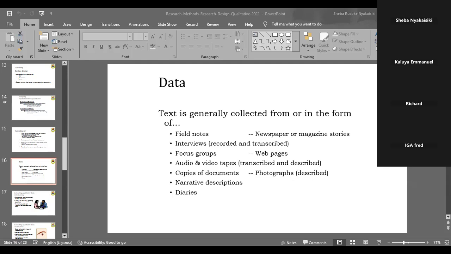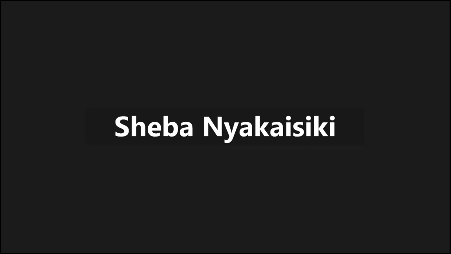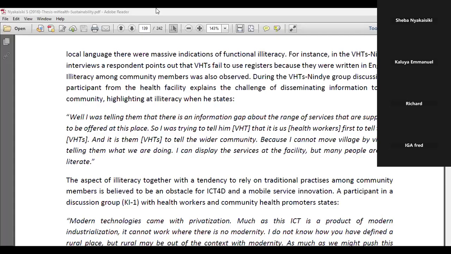Okay, let me share. Okay. Do you see this quote? Are you seeing my screen? Yes, doctor, it's visible. Okay.